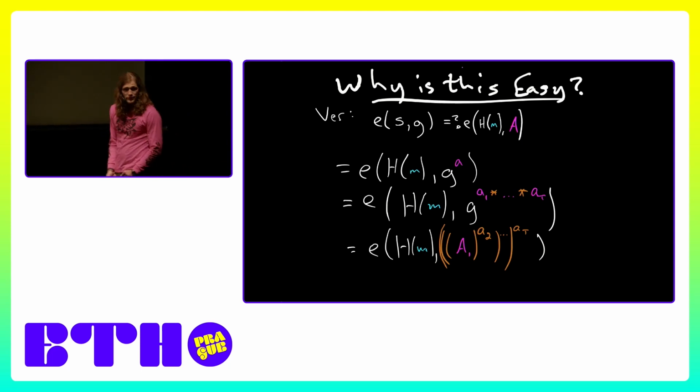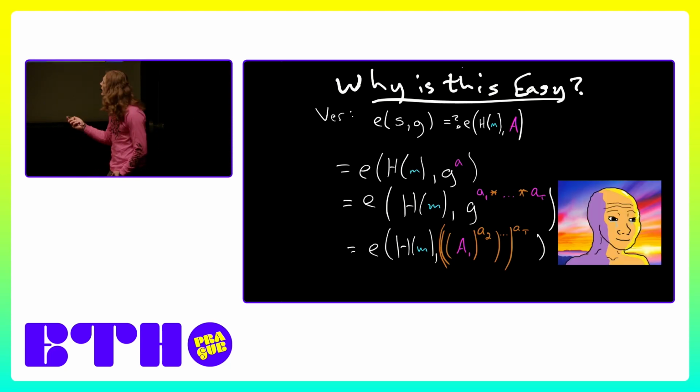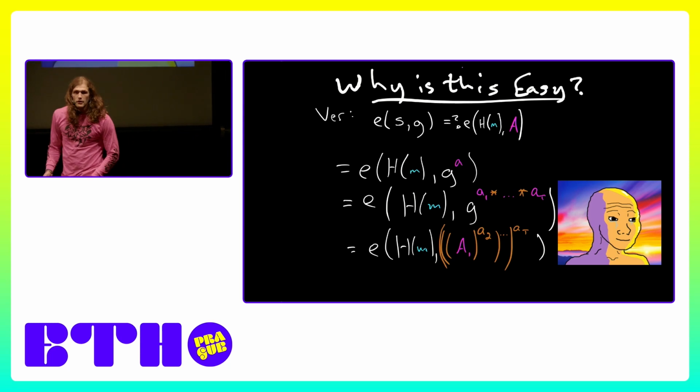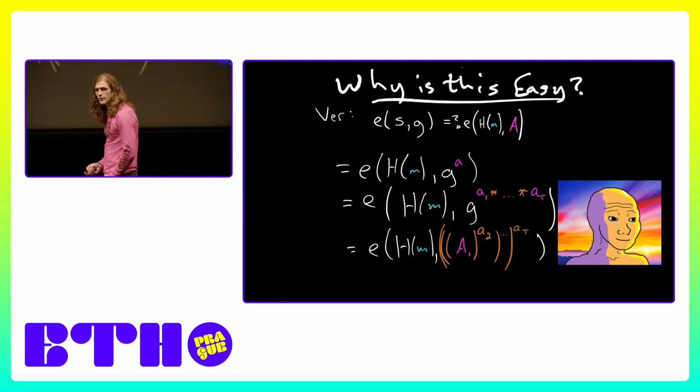So with a very simple modification, we say, OK, everyone needs to choose a secret share, A1 through AT, and then we need to pair them, and we output a valid signature. And that's pretty much it. That's pretty elegant, and that's why we're talking about using it in Ethereum too.